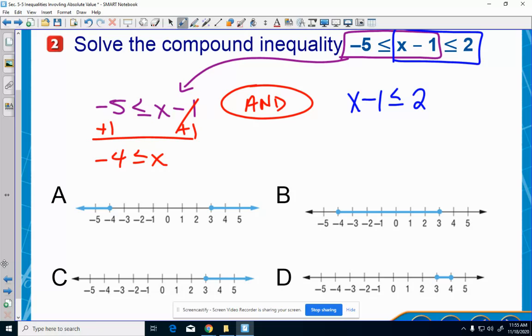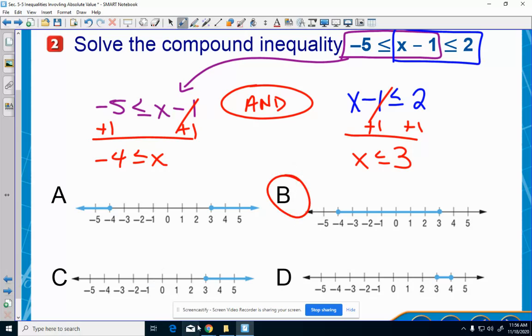So that would be at -4 going which way? Going to the right. And then if I add the 1 in the second one, that would say that x is less than or equal to 3. So that's closed circle at 3 going to the left. So which one of those graphs does that? It is B. All right.